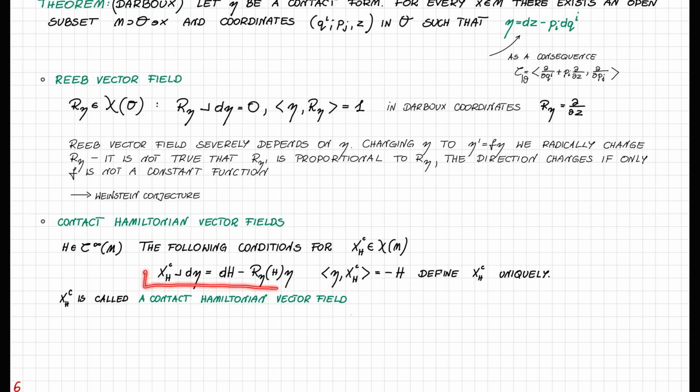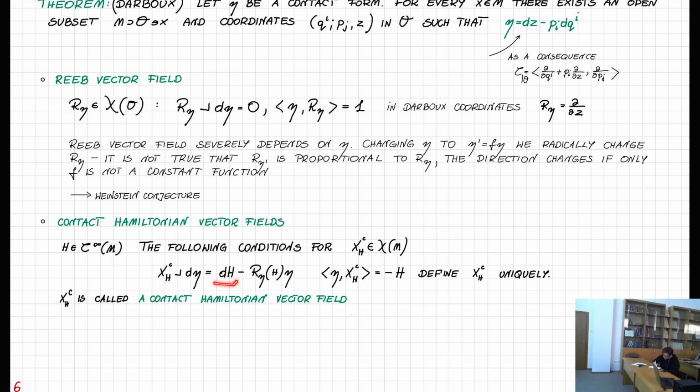First condition a little bit resembles the definition of the symplectic Hamiltonian vector field, in a sense that the vector field contracted with some 2-form is a differential of the function. However, there is some complement here. So not the differential, but differential plus something. And as we know, the differential is not degenerate only on the contact distribution, but in the whole tangent bundle it is degenerate. So this first condition is not enough.